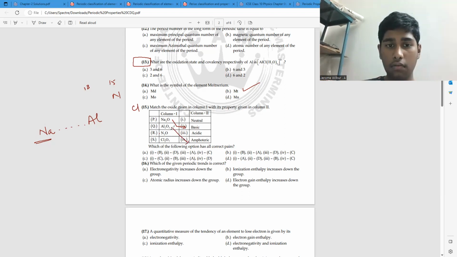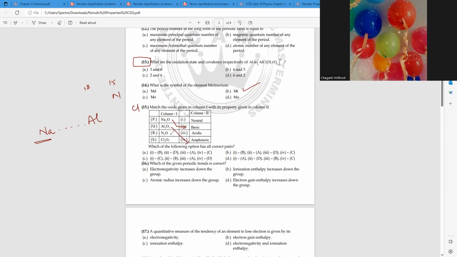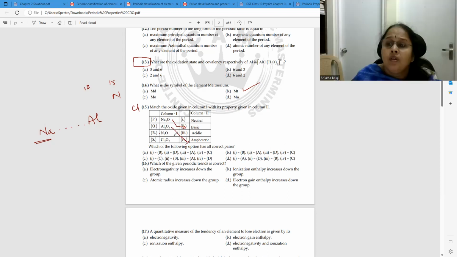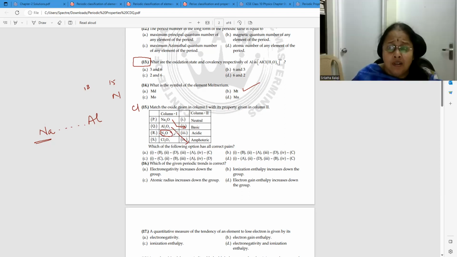Then N2O, neutral. What do you call N2O as? Nitrous oxide. There's another name for it. It's called laughing gas.